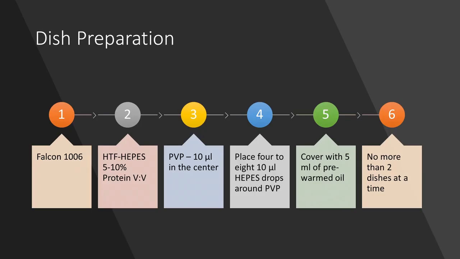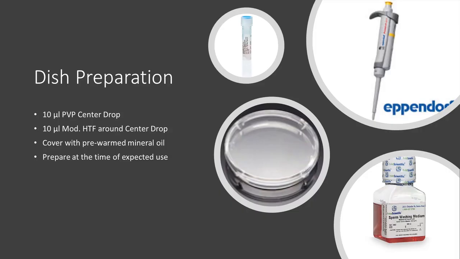I will show how I personally make a dish, but suffice it to say that there are multiple ways to make a dish. Just note that too small a drop, less than 10 microliters, needs to be covered in oil immediately, otherwise the osmolarity is going to shift. You will need pre-warmed PVP, oil, and a Hepes buffered medium.